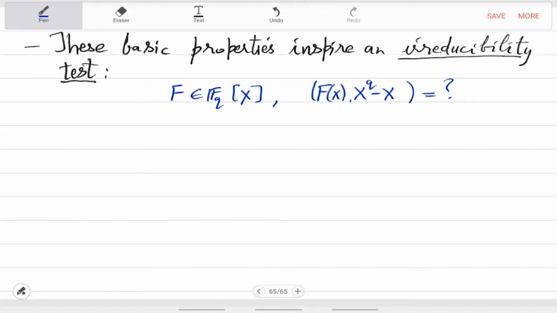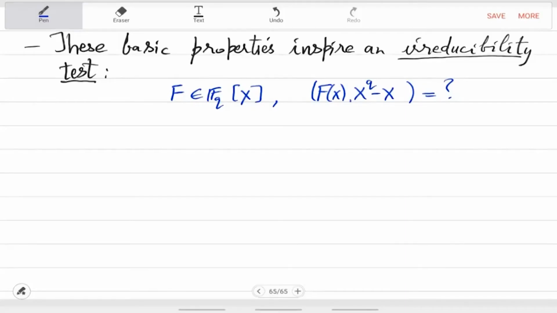So now if the GCD is 1, then it means that big F has no root, right? Because if it had a root A, then x minus A will divide this. And x minus A also divides the second polynomial. So x minus A will definitely divide the GCD. So this being 1 actually means that big F has no root.